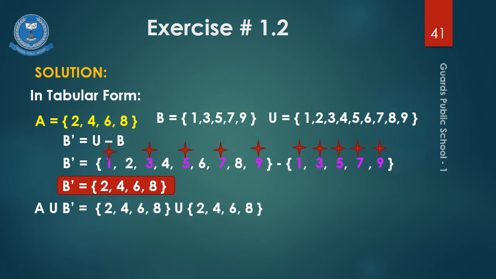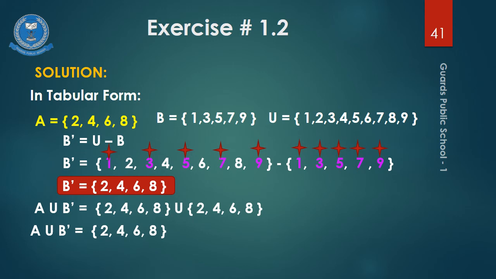If digit 2 is present in the first set, that means in A, and it is also present in B complement, we will write it down only one time, not two times. Similarly, 4, 6 and 8 will each be written only one time. It means the answer of A union B complement is equal to 2, 4, 6 and 8.